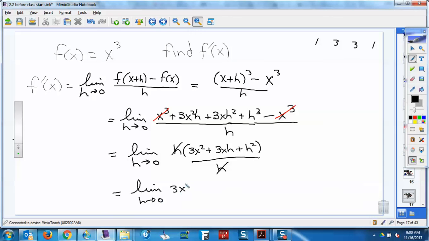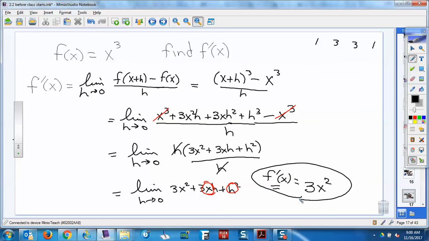We're left with 3x squared plus 3xh plus h squared. As h goes to 0, isn't that going to be 0? That going to be 0? What's our answer? So you're telling me that f prime of x, if f of x is x cubed, f prime of x is 3x squared.